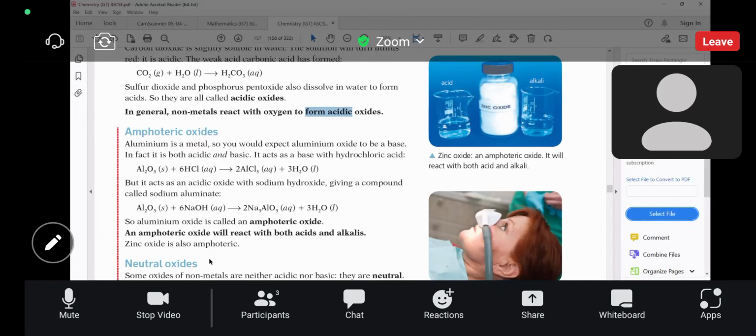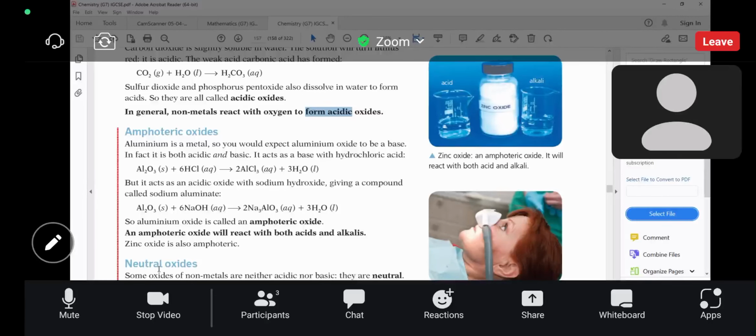Right, now neutral oxides. Again, zinc oxide, ZnO, is also amphoteric. So for amphoteric oxides, there are two examples, Al2O3 and ZnO.